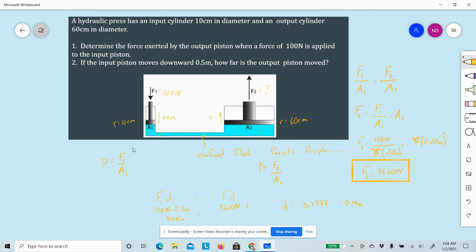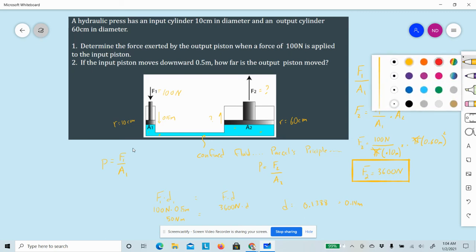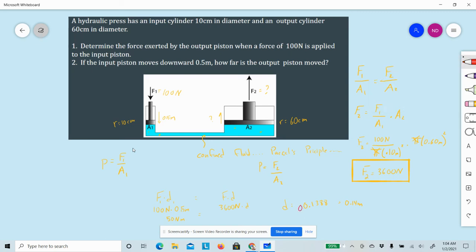No, I'm even wrong. Look at that. Darn it. I looked at the calculator too quickly. It's 0.0113. I knew that didn't sound right. 0.0114, 1.4 centimeters.